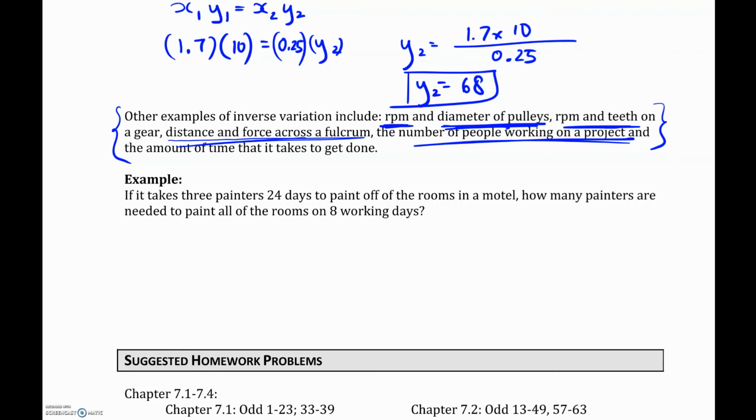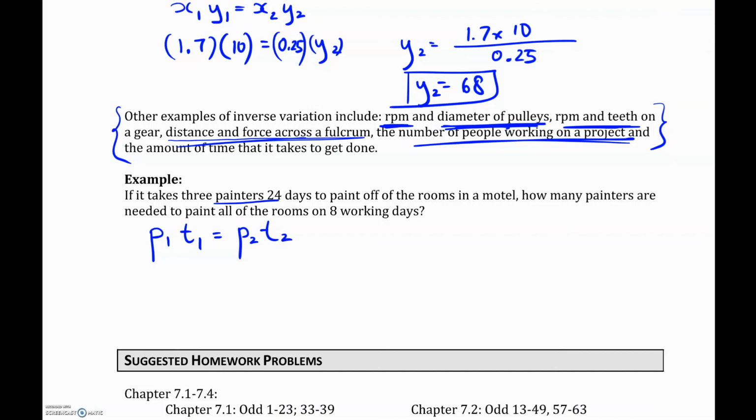So we know that this is an indirect variation. So number of painters, I'm going to call P. So we know that P1, and the time it takes, let's call that T, so that's T1, is equal to P2 times T2.